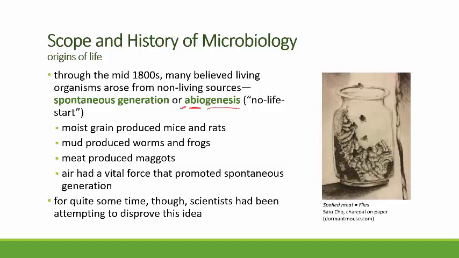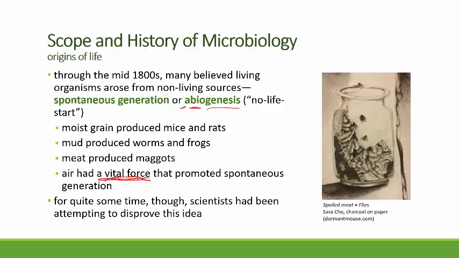But to these early observers, it appeared that they just were springing up from the mud fully formed, or that meat left out could produce maggots and flies eventually. And this was all based on the idea that air had some vital force that could promote this spontaneous generation, that there was something in air that gave it special powers to cause non-living stuff to become living.